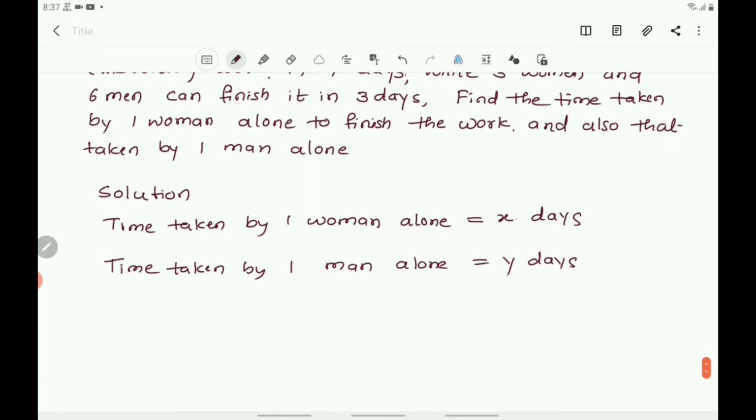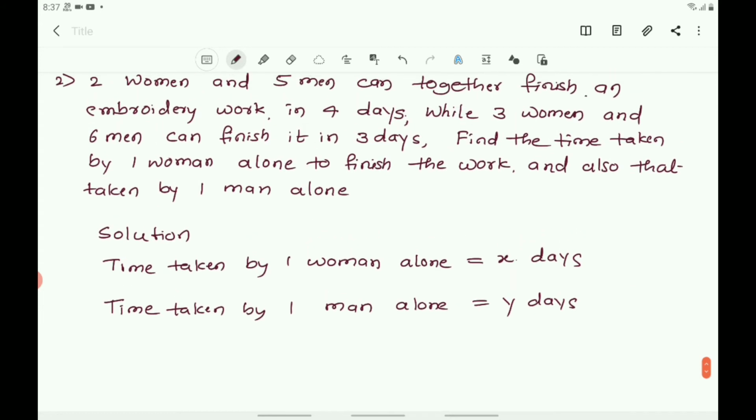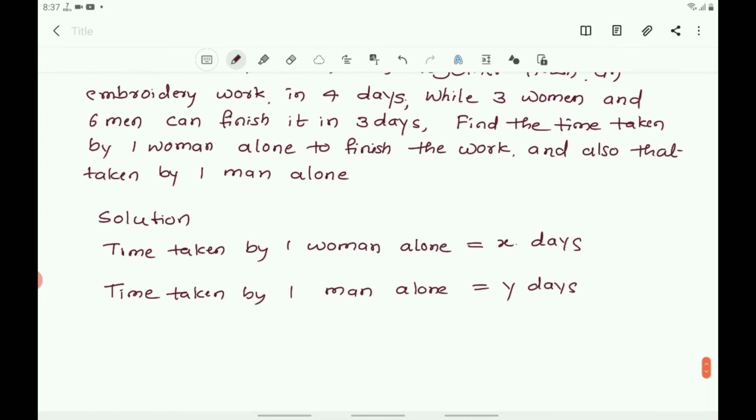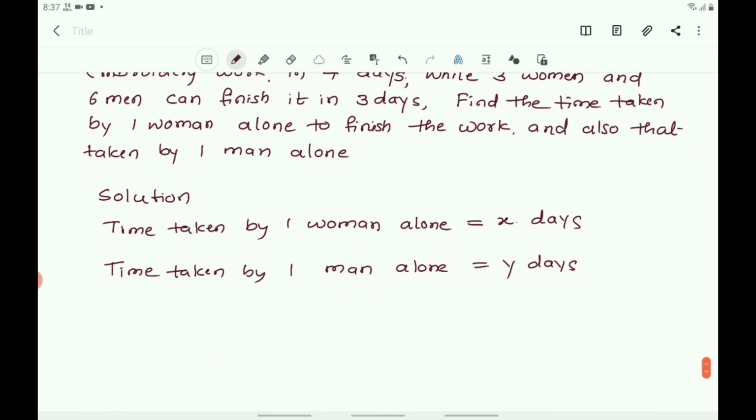Next let us have the work done per day here. Therefore work done per day by one woman becomes 1 by x.